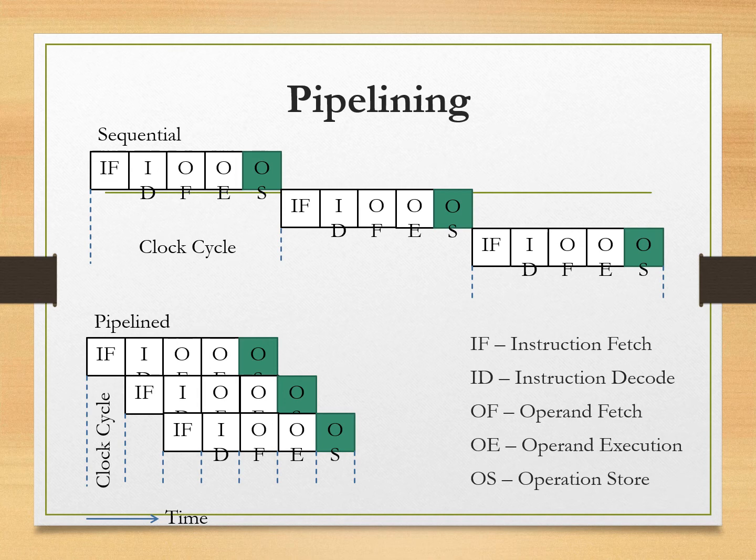You require all these operations to complete executing one instruction. So, for example, you require one, two, three, four, five clock cycles to complete it.